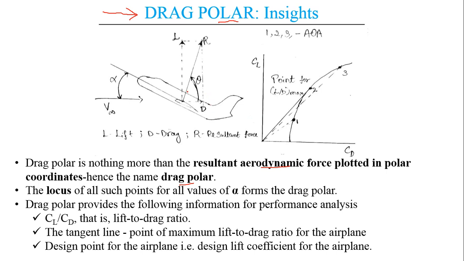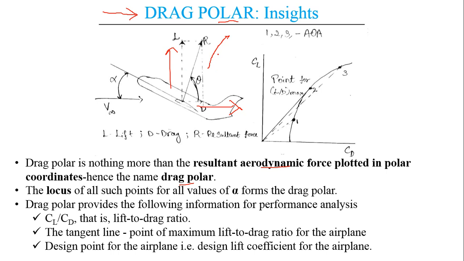Due to the effect of lift and drag, there is a resultant force acting on the aircraft. Due to lift, the aircraft gets lifted up. Due to drag, the aircraft gets pushed backwards. So both these actions need to be converted into a single force. That is, drag pulls the aircraft backwards, and the lift pushes it upwards.